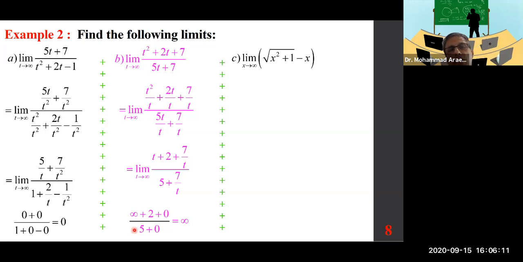The numerator is infinity plus any number, infinity. The denominator is 5 or 5 billion, makes no difference. Infinity divided by any number is infinity. The only thing is, if the number is negative, it's negative infinity. So the sign is what you want to be careful of, everybody. But other than that, nothing to worry about.